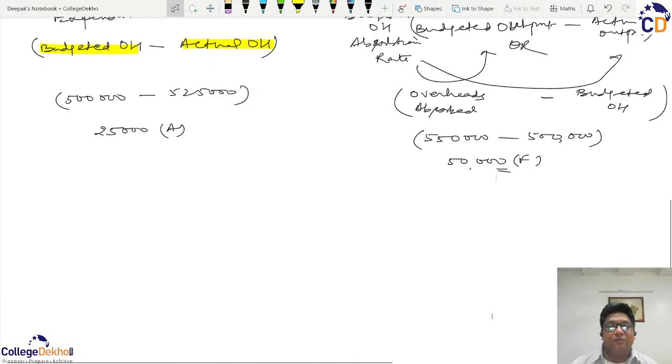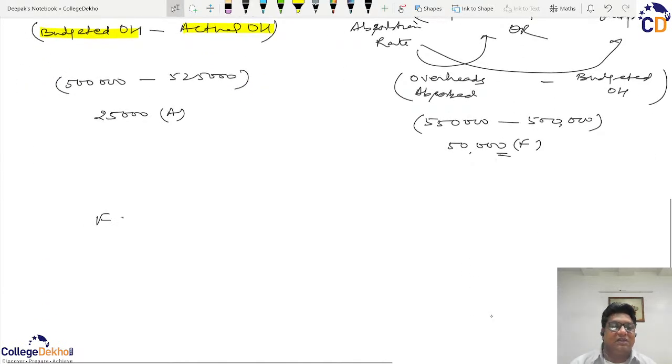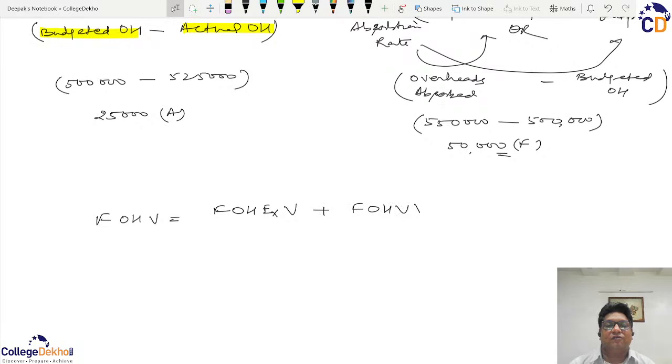If you see here, you can always see that the fixed overhead variance will be equal to the fixed overhead expenditure variance plus the fixed overhead volume variance. So this is 25,000 adverse, this is 50,000 favorable, and by the concept of plus or minus, this is minus, this is plus, hence it becomes 25,000 plus, that is favorable.